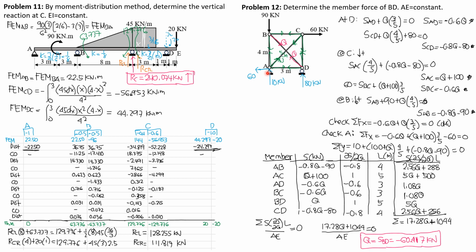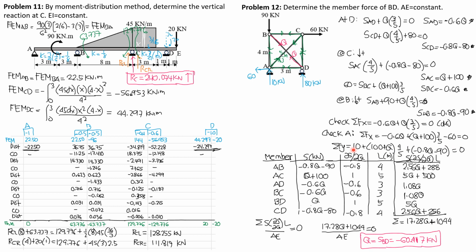Then we check equilibrium at A. First, summation of forces in X. S_AD is negative 0.6 Q, plus the horizontal component of S_AC, quantity Q plus 100 times 3/5, then minus 60. For Q, negative 0.6 Q plus 0.6 Q is 0. For the constant, 100 times 3/5 is positive 60, minus 60 is 0. So summation of forces in X is 0.